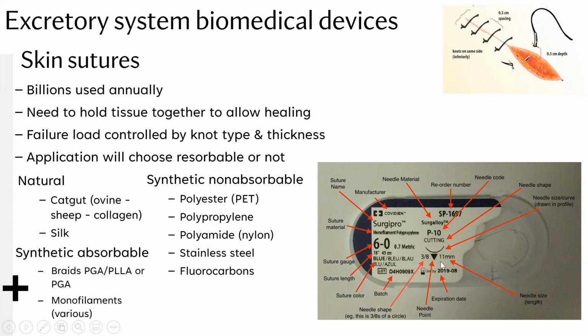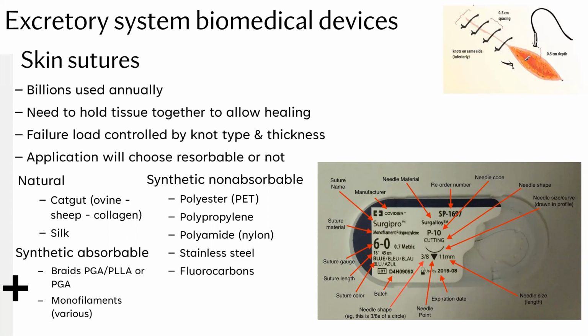That's their own language, their own literature to talk about this, and they're comfortable with it in the clinical space. And then you've got, of course, the needle size, similar to the thread size. As I mentioned, the curvature of it, the shape of the needle. You've got the material for the needle as well as the material for the suture. You've got monofilament polypropylene, which we'll learn about what that means in a second, but also the needle material. And the idea here is that the needle is connected to the thread and is sold as a single package.